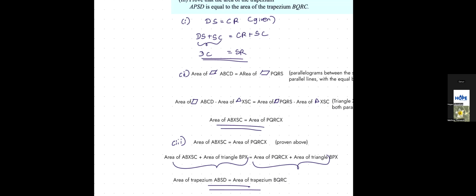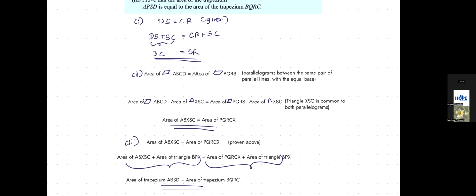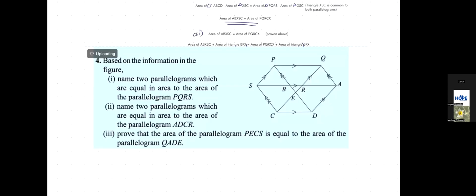Okay, can y'all try this question alone? Let's try question number 4. It's a complicated diagram, but it's not that difficult. So let's try question number 4.